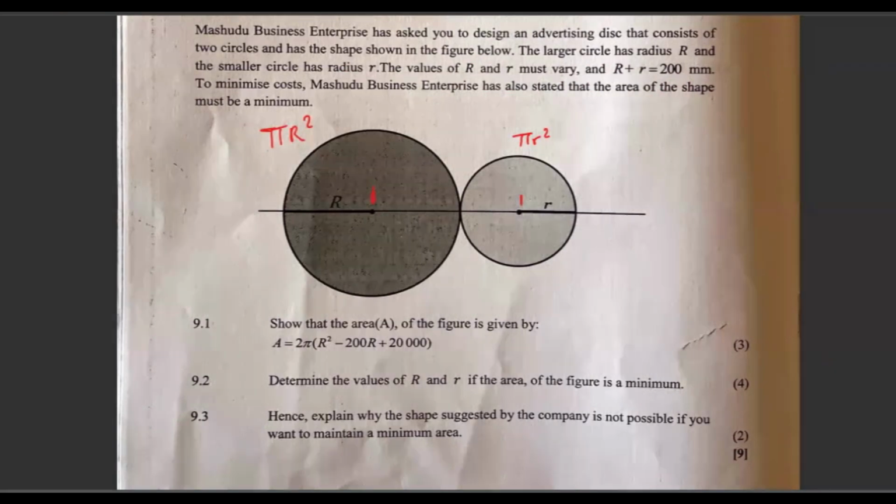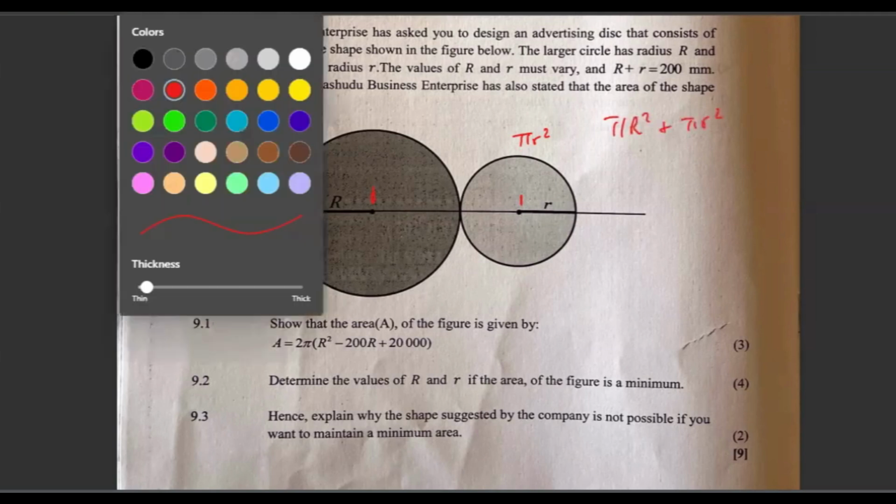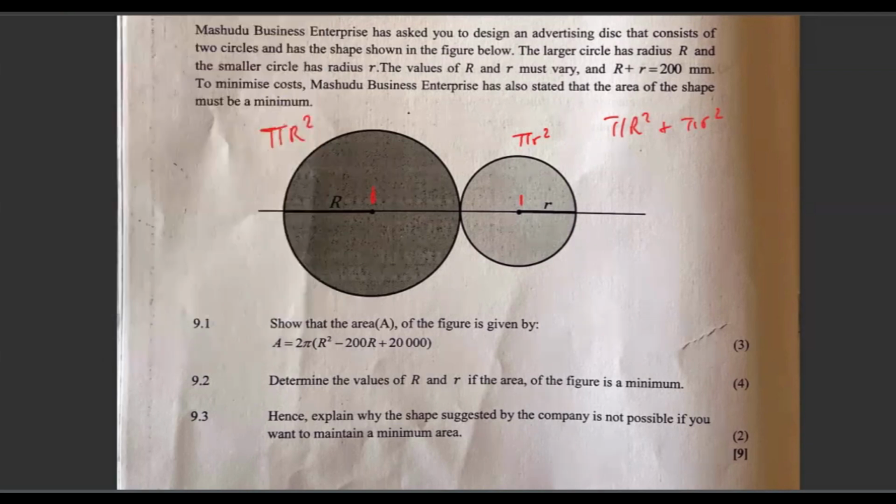So that's going to be pi capital R squared plus pi small r squared. So what's common is the pi. Then we have R squared plus small r squared.